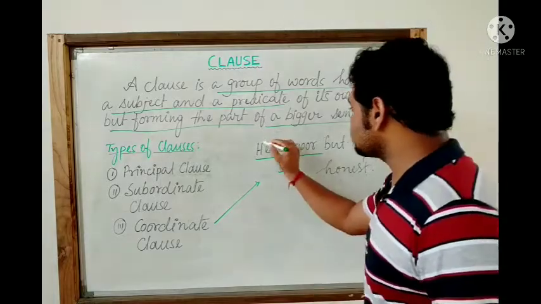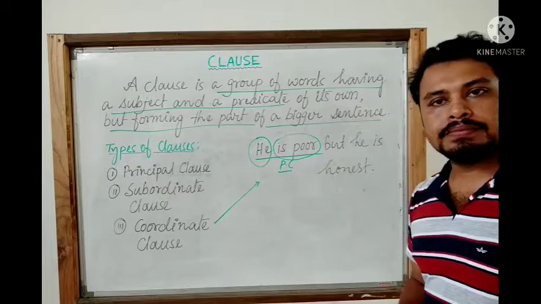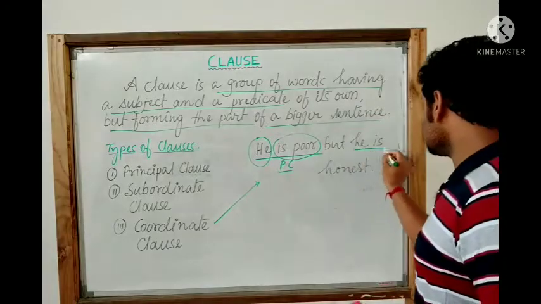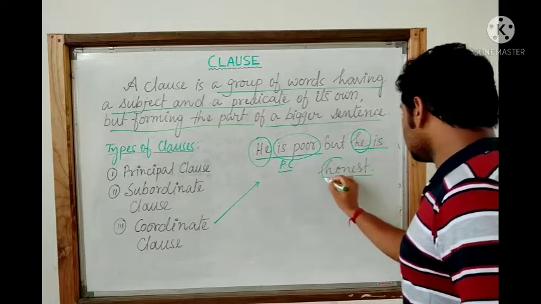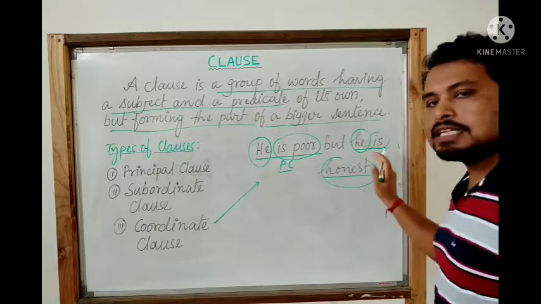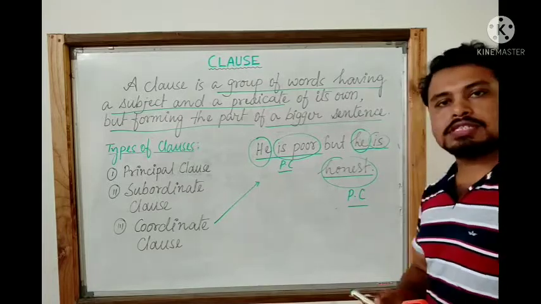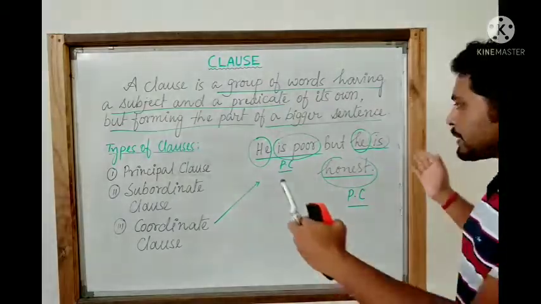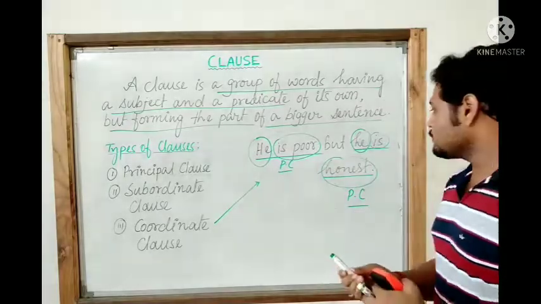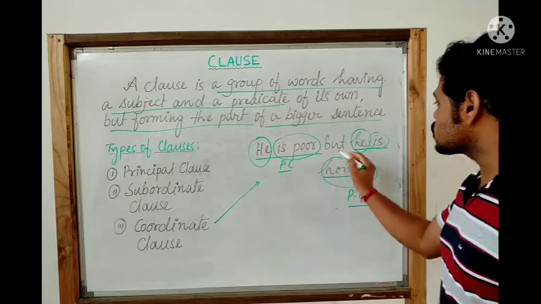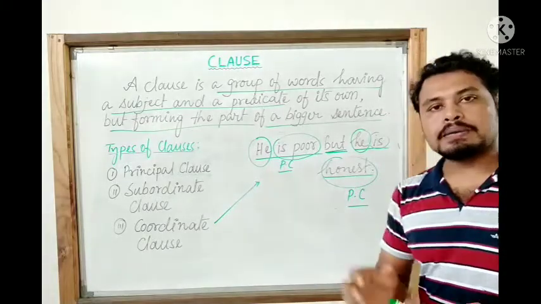This one is the subject and this one is the predicate. But he is honest. Again, this is the subject and this is the predicate, is honest, and this is also a principal clause. So here in the bigger sentence we have two principal clauses, and both the principal clauses are joined by a coordinating conjunction but.